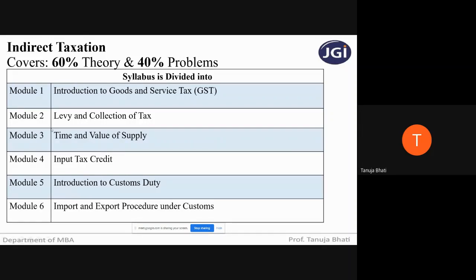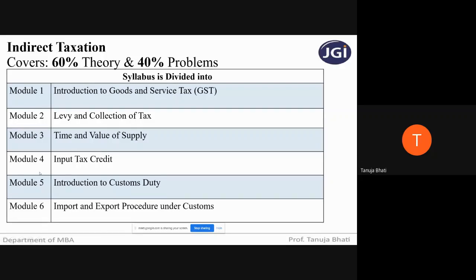So you're going to see the time of supply at which GST has to be charged, and value of supply means on what value GST should be charged, what should be inclusive in the value, what should be exclusive, and what is the correct amount on which we have to charge GST. That will be seen in module number 3. And module number 3 is again a combination of theory as well as problems.